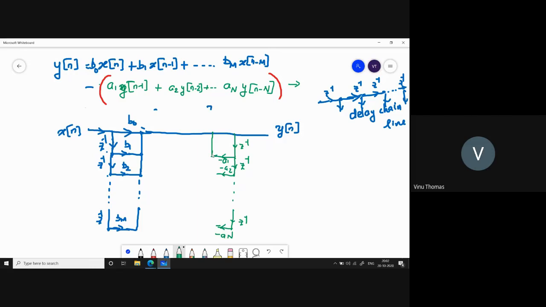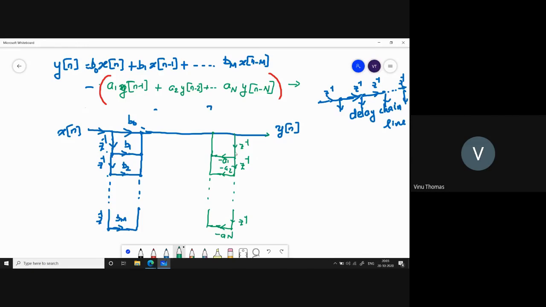So this is y of n minus a1 into y of n minus 1, minus a2 into y of n minus 2, plus etc., up to minus an into y of n minus n. Is that clear? This is how we have implemented the structure.